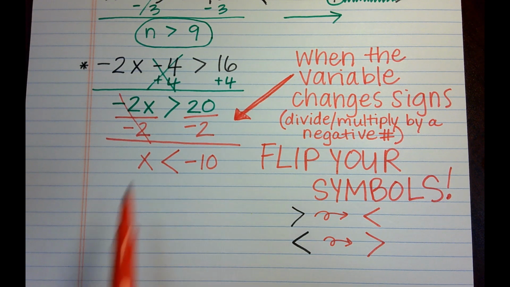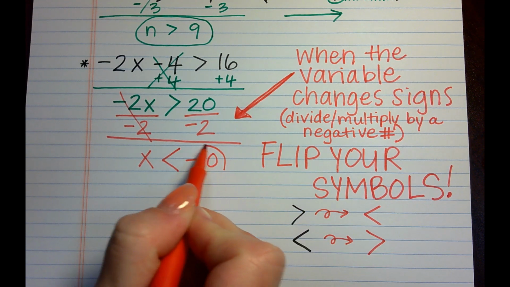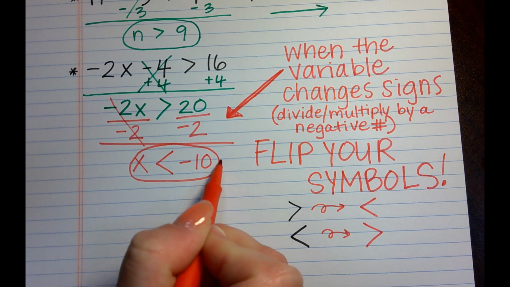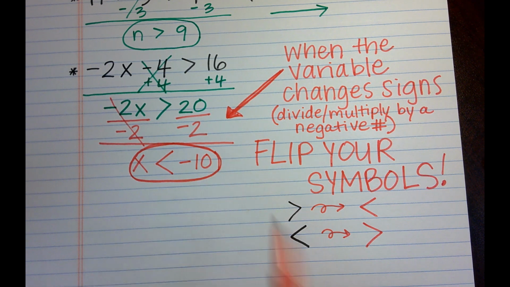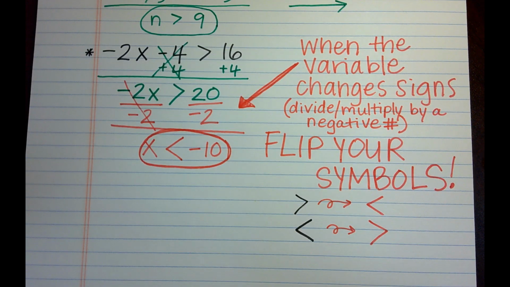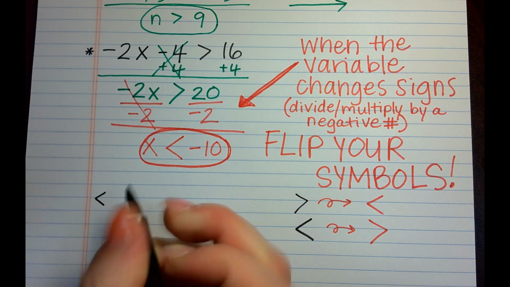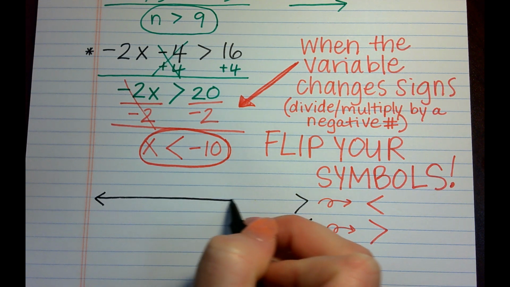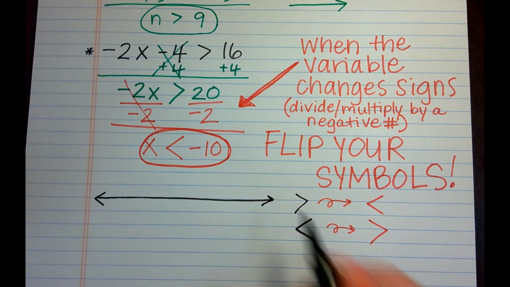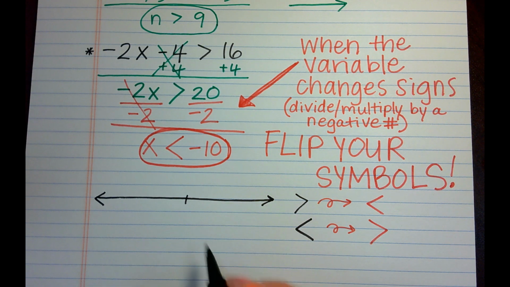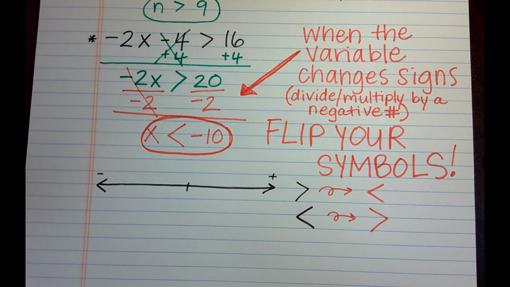So now that we have flipped our sign, we found our answer. We're just going to graph it like normal. This is the only new thing. So I will draw my number line. Plus and minus there just to remind me. Now, what do I do to graph x is less than negative 10?